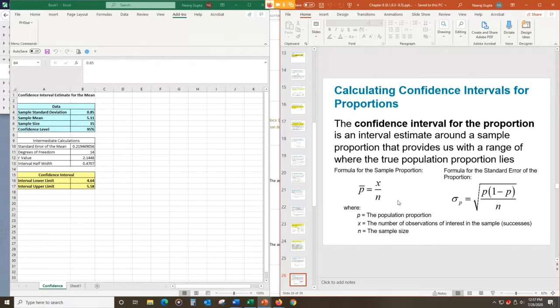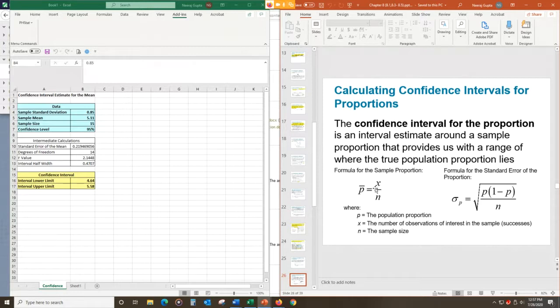So in this, you have the sample proportion formula, which is x over n, where x is the number of observations of interest. Like if I'm given 40% out of 200 cross red lights, my 40% is my p bar, which is 0.4, and n is my 200. So if I want to find how many cross red lights, I will say 0.4 times 200.